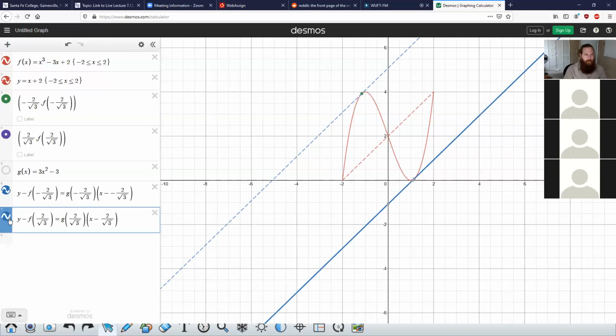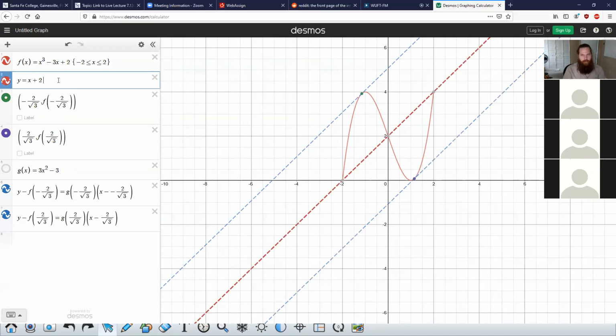Right, over here, again, the tangent line is parallel to the red secant line. Okay, so there's no need to really restrict this. So the blue dotted lines are parallel to the red dotted lines.